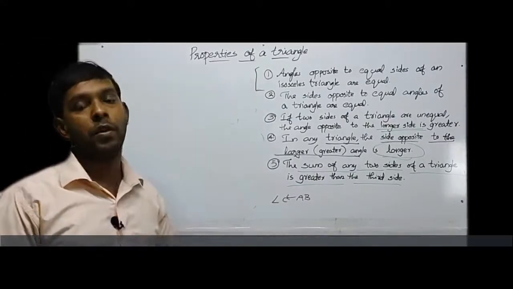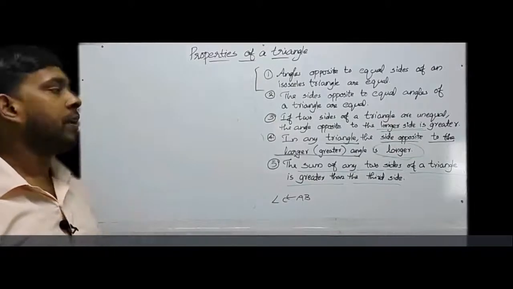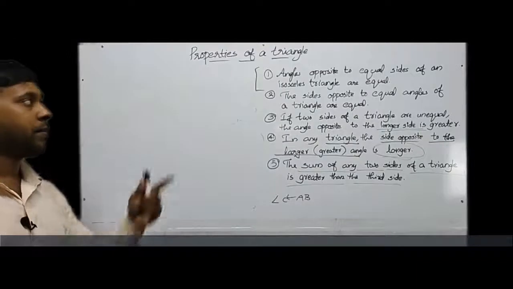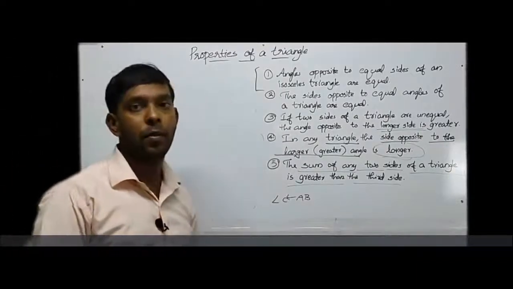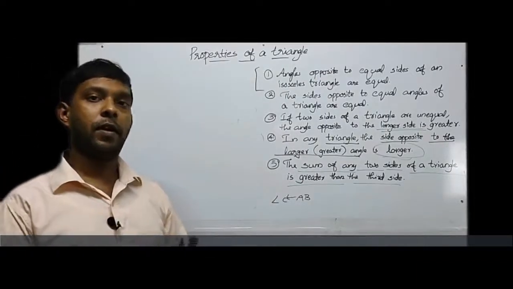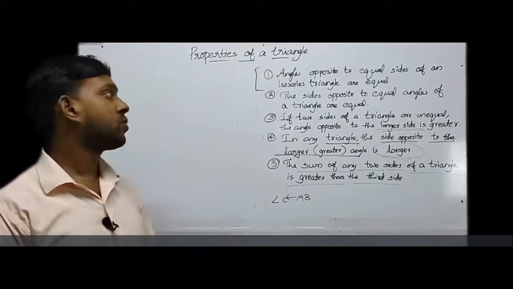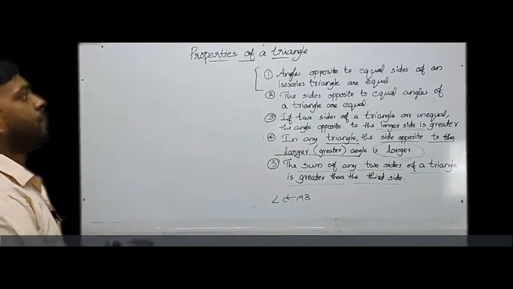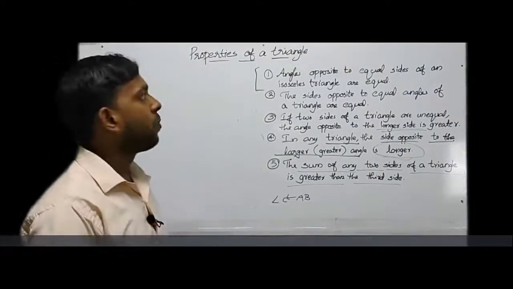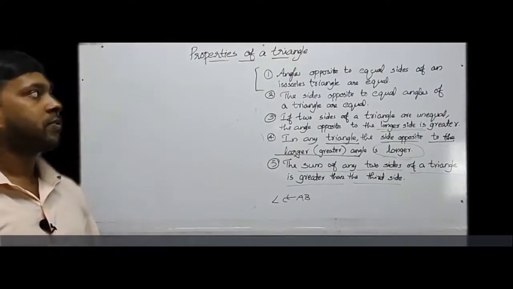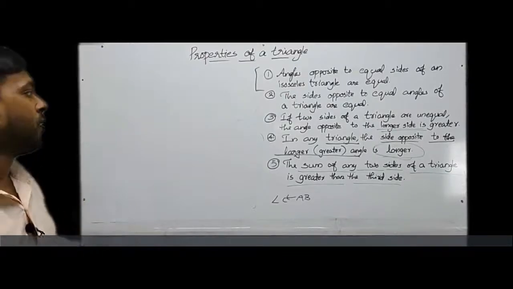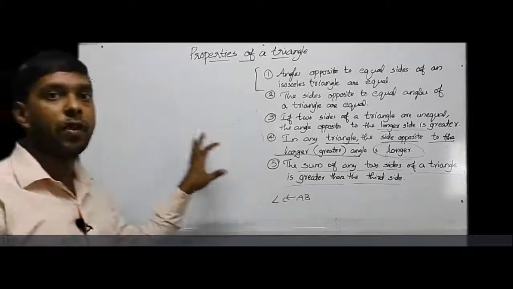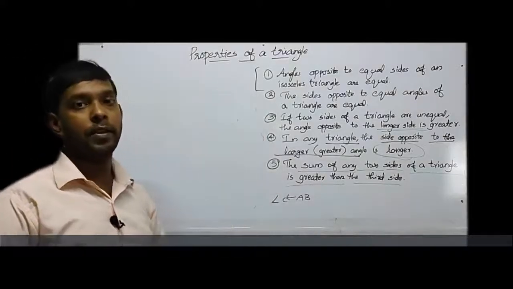It cannot be proved or used for any other triangle like equilateral; if you use this statement for any other triangle other than isosceles, it may be proven false. The first property says angles opposite to equal sides of an isosceles triangle are equal. So if two sides of a triangle are equal, their opposite angles will also be equal. That's the idea it gives.